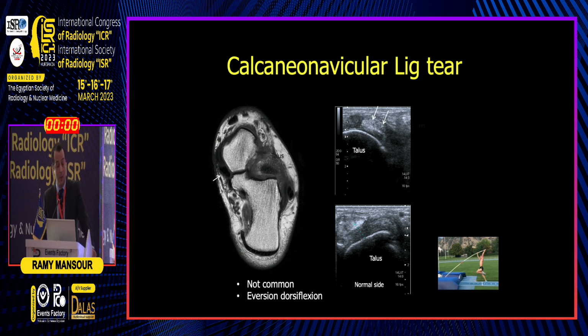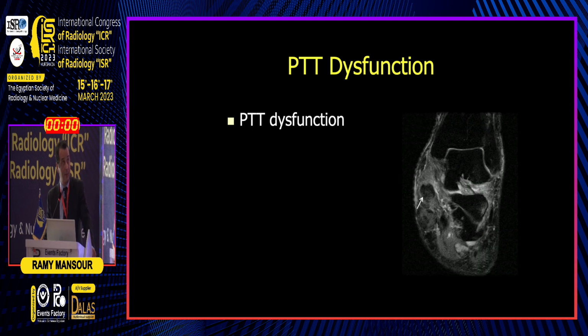Another example of complete tear of the calcaneonavicular ligament: in this patient you can see that the tendon is completely sitting on top of the talus, and when you see this relation, that means there is a complete tear. Just a final thing about what will happen if you ignore those patients.